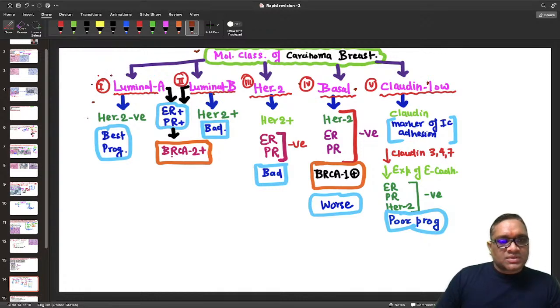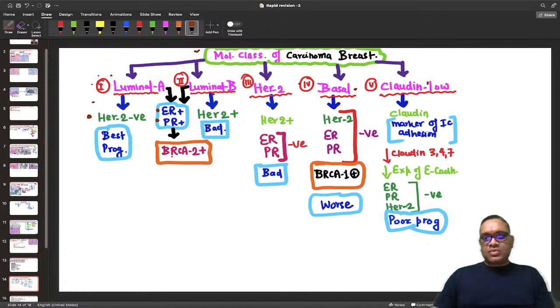Luminal A will be HER2 negative, not positive, and they will be positive for ER and PR. In this classification, if you notice, luminal A and luminal B both are estrogen receptor positive, progesterone receptor positive and BRCA2 positive. That is the common finding.